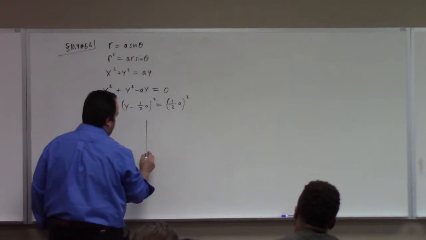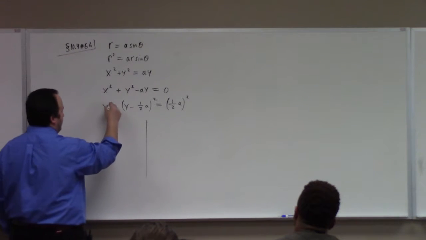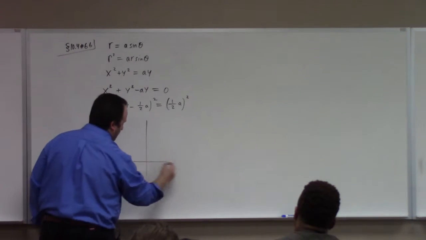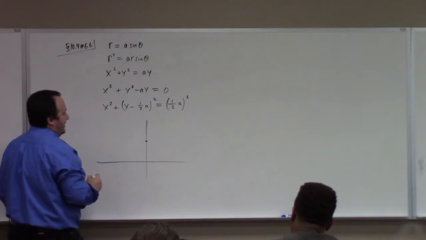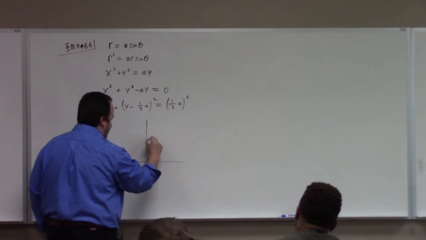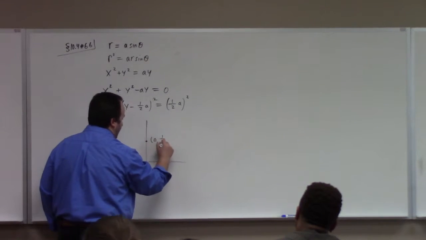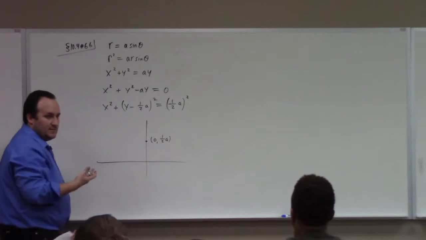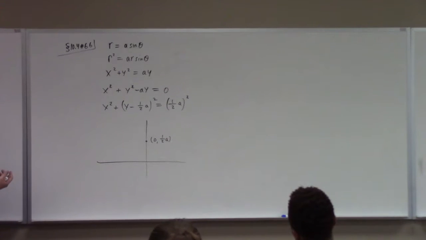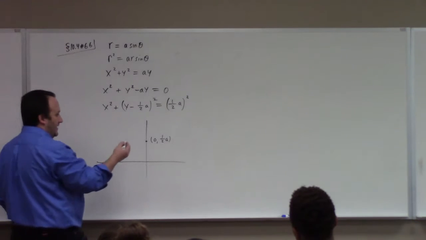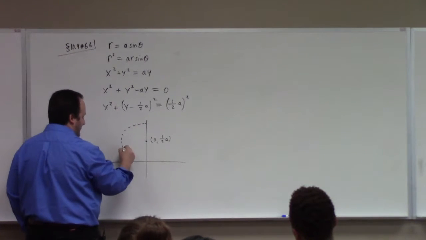This is a circle centered at (0, a/2). I'm assuming a is positive. And so where are the horizontal tangents and vertical tangents to that?